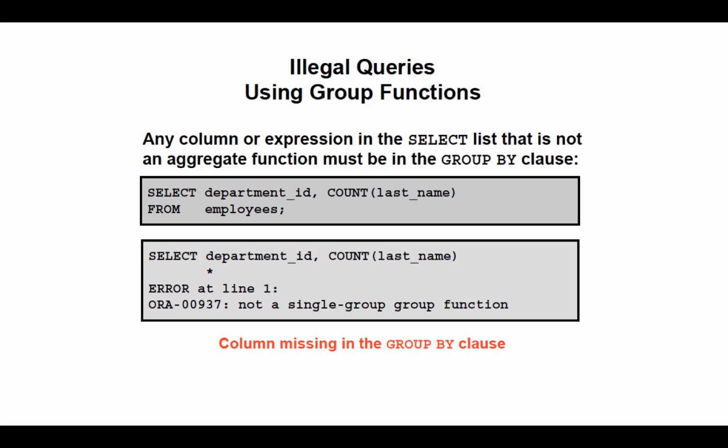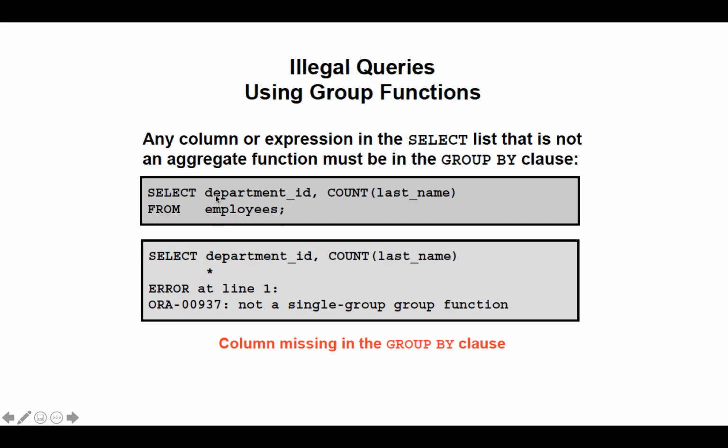Group by could sometimes get you into problems. So we're saying here, if there is a column or expression in the select list that's not an aggregate function and it doesn't appear in a group by clause, then it's going to give me an error.